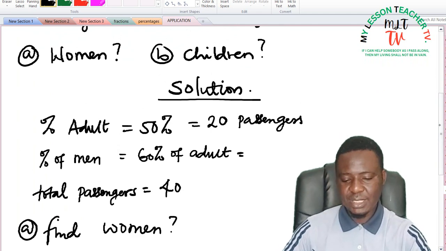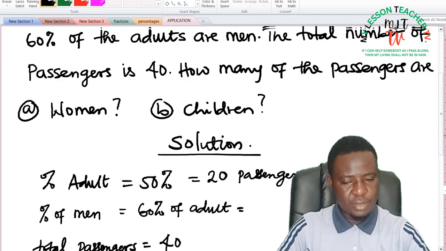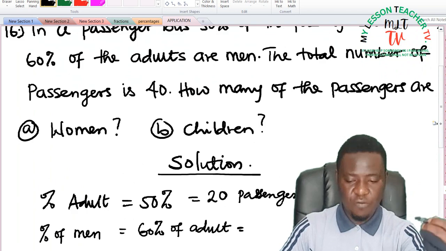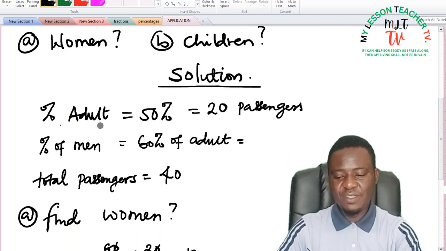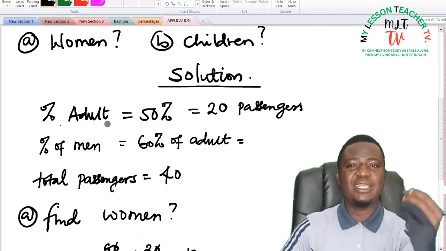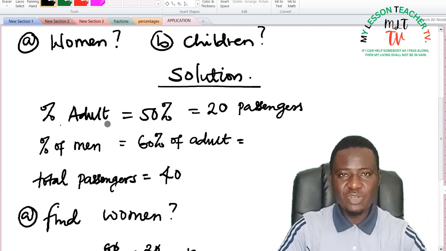B says, how many are children? Children may be male or female, of which we have it that 50% are adults. So it therefore means that the other 50% are children.